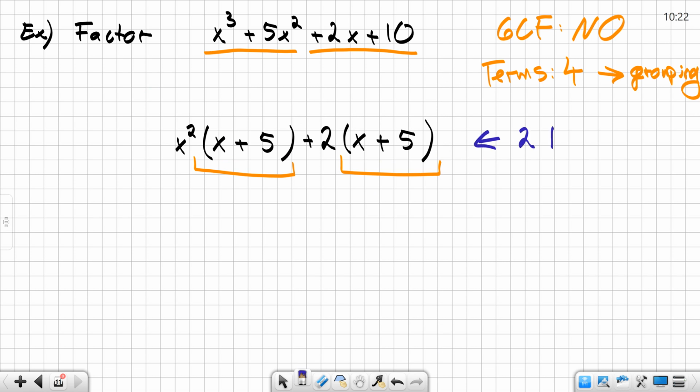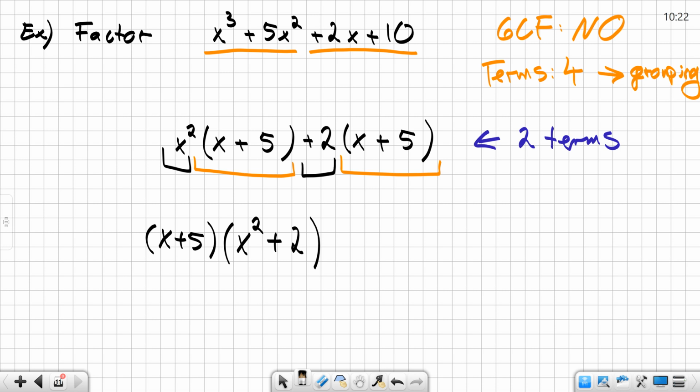I turned it into 2 terms, and now I can directly factor. The common factor was x plus 5. It is going to be pulled out of the first term, and I'm left with an x squared, and I pull it out of my second term, and I'm left with a positive 2.